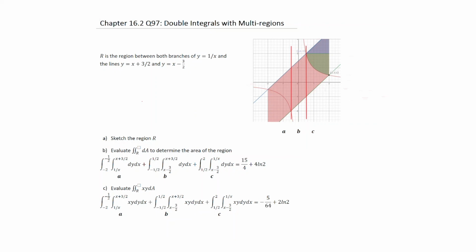Second step is to evaluate the integral over the region, that is the area, and determine the area of the region. Well, the first thing you would want to check here, given that the region is this here and here, is that the bounds of the region are continuously differentiable.